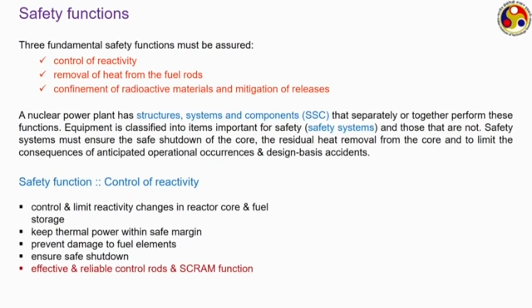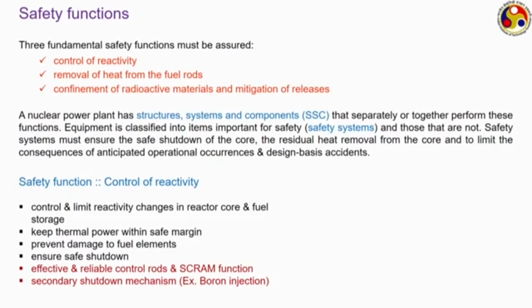To attain that, we need to provide effective and reliable controllers and a scram function, whereas there can be a secondary safety shutdown mechanism also, like injecting boron. If we want a very quick shutdown of BWRs, we can inject a large quantity of boron, which, because of its high neutron absorption cross section, can eat up all the available neutrons.